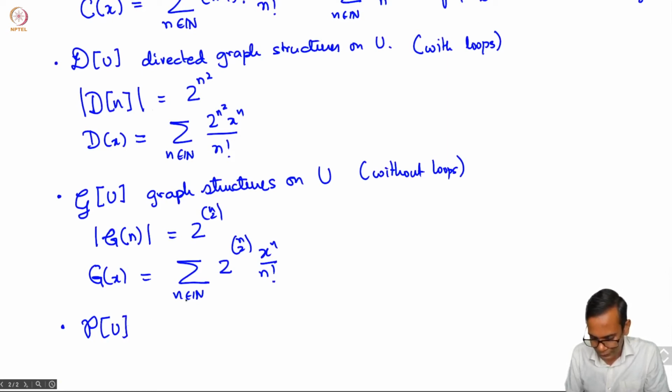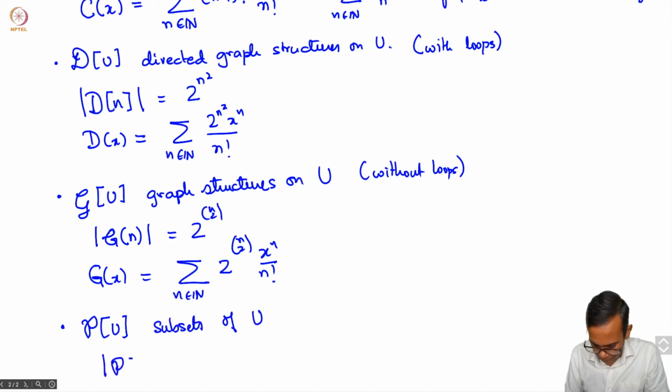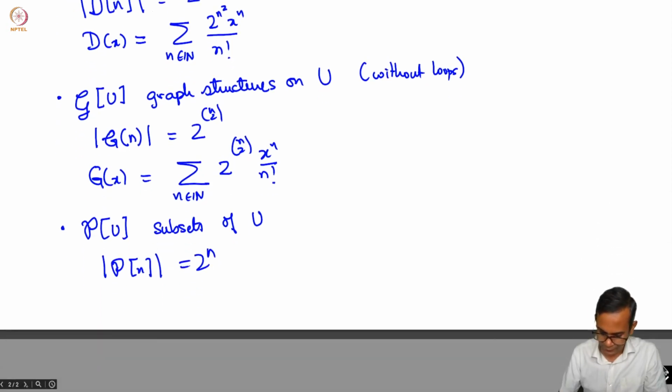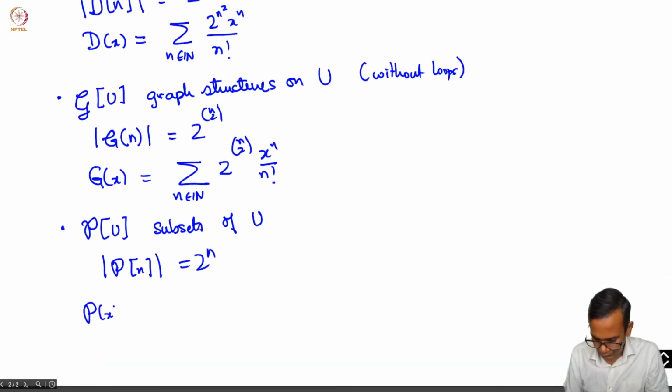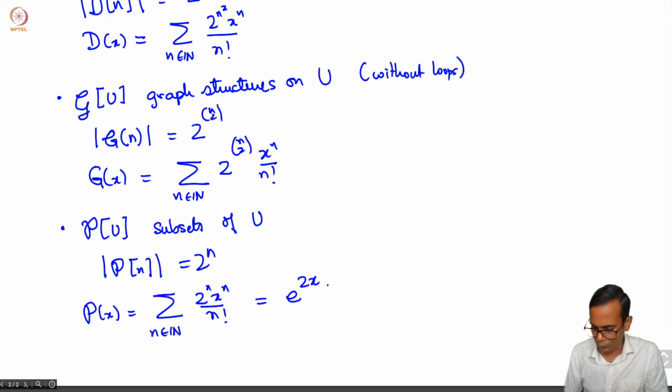P of U is the subsets of U, or the power set of U. And so we know that p_n has cardinality 2 to the power n, and so P(x) is the summation over n in N of 2 to the power n, x to the power n by n factorial, which is just e to the power 2x.